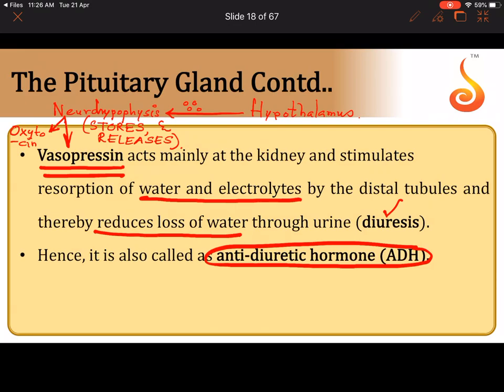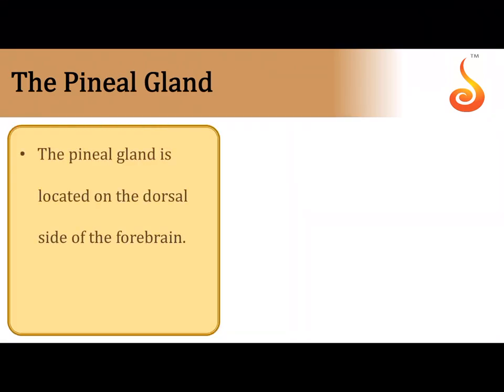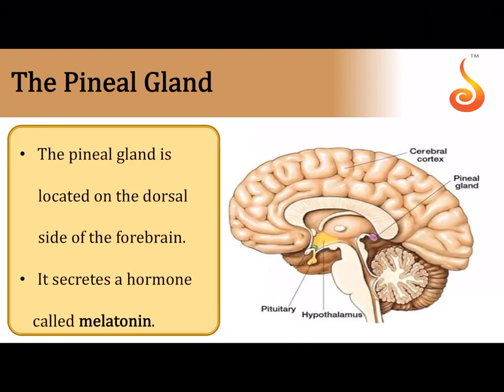Since it acts against diuresis, it makes sure that your nephron absorbs water and ions back into your blood. The urine becomes concentrated, so you will not lose much water in your urine, and that is why it is called antidiuretic hormone.